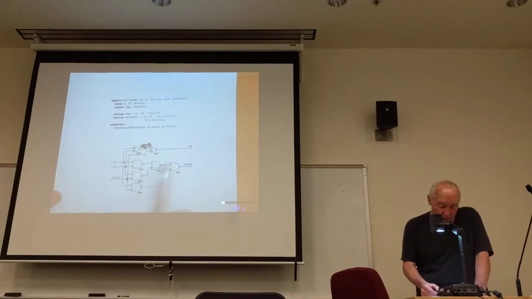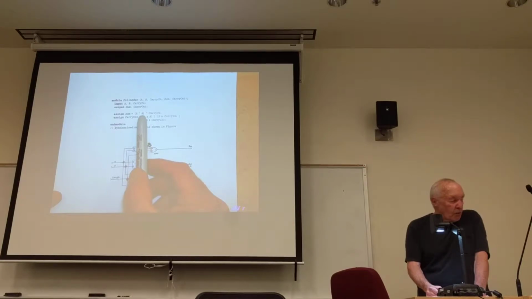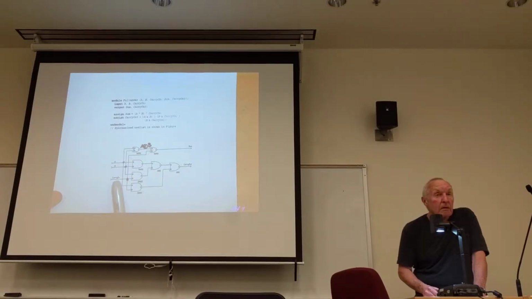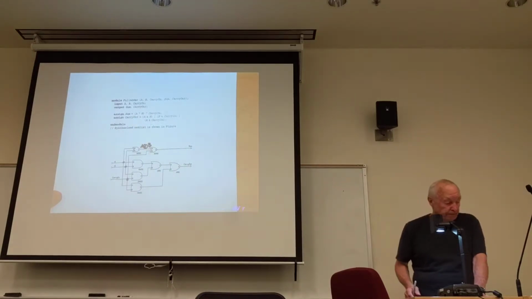For example, the value sum here is A exclusive OR B. So here's A and B coming in, they're exclusive ORed, and that gets exclusive ORed with carry in. So you have exclusive OR driving another exclusive OR, and there's the sum output. So you can do a one-to-one correspondence between one of these logical operators and logic gates.